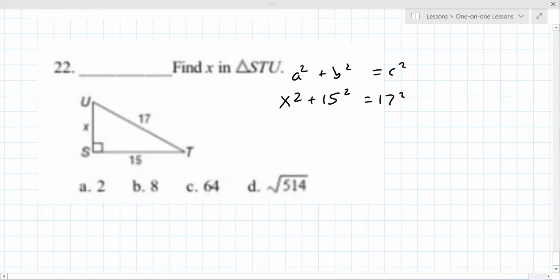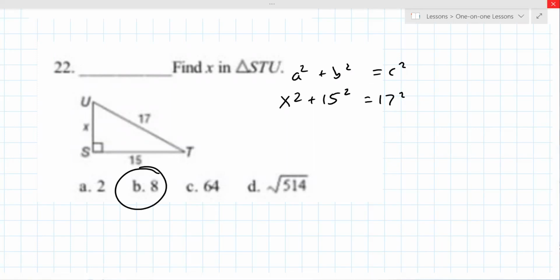And let me know what you get for an answer. Okay, I got 8. 8 is correct.